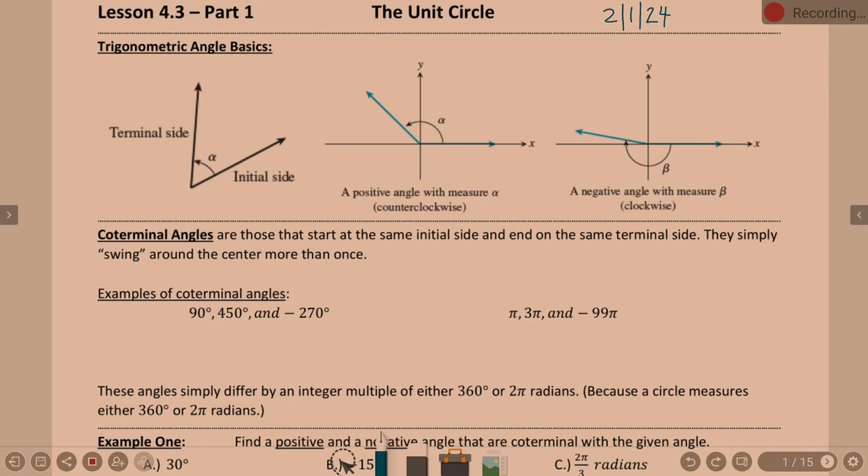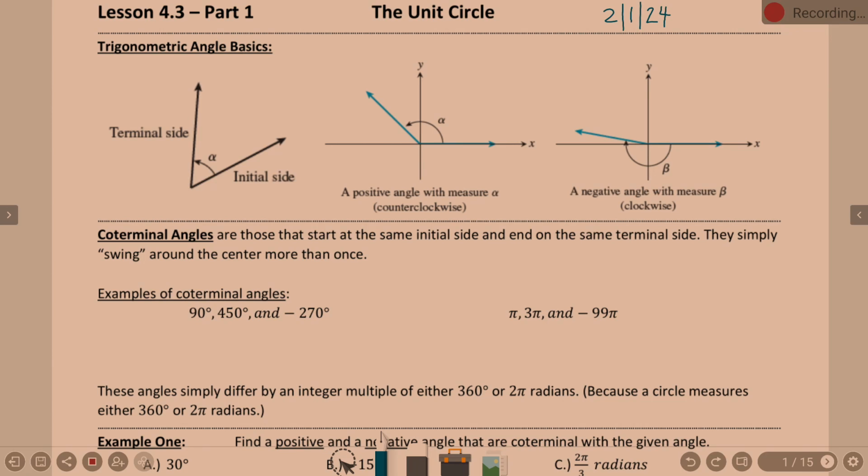Okay, we have talked on the unit circle. You start at 3 o'clock, and then you go counterclockwise. So an angle that measures positive is an angle that starts here at 0, and it's going to go positive.